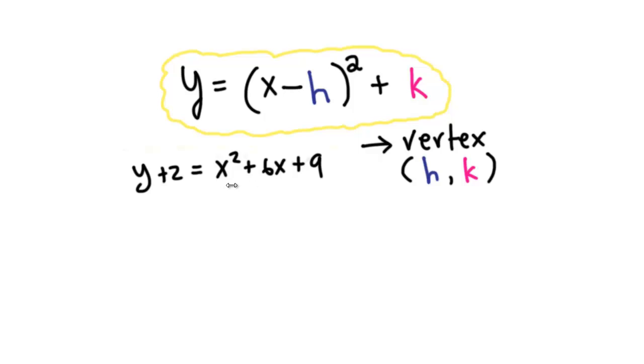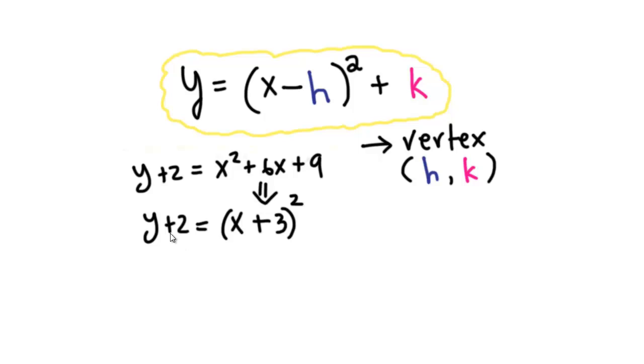Now, since the right hand side is a perfect square trinomial, we can transform this into a binomial squared. Right? So it would be x plus, the b over 2 was 6 over 2, so plus 3. And then the left hand side is just y plus 2.